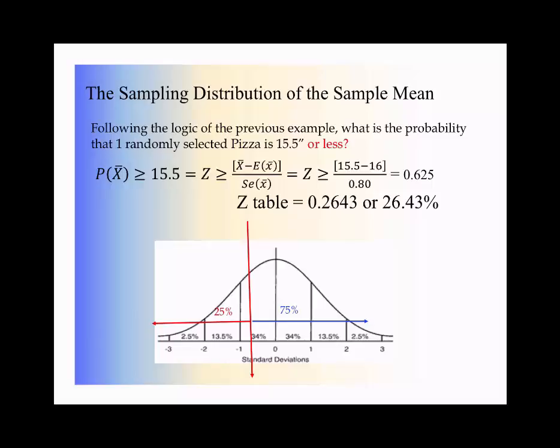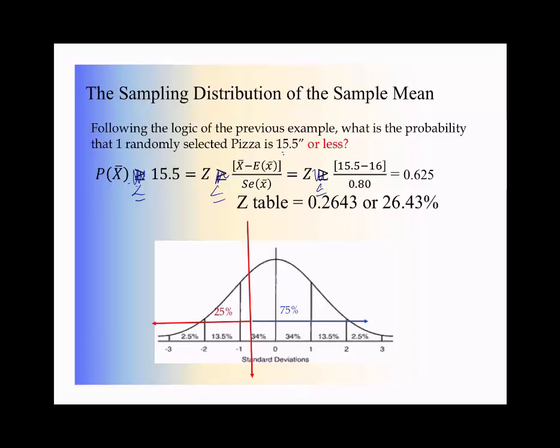I've written it out here: what is the probability that one randomly selected pizza is 15.5 inches or less. I used this a couple of times, so this sign should actually be or less, and on the next slide I flip it around. Let's just change this real quick.